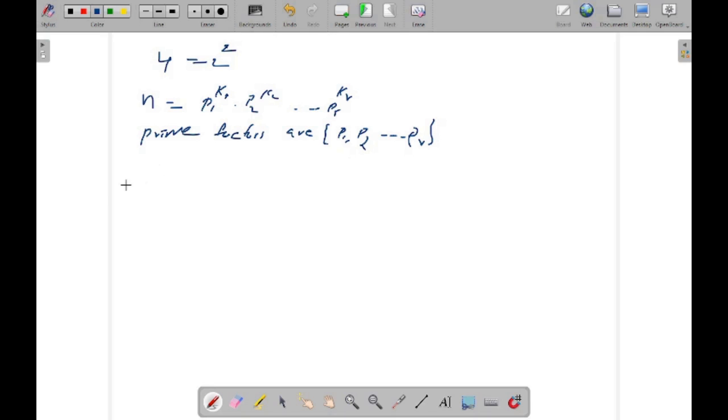In the next step, compute R1, R2, R3 up to Rn, where Ri equal to phi of n divided by Pi.